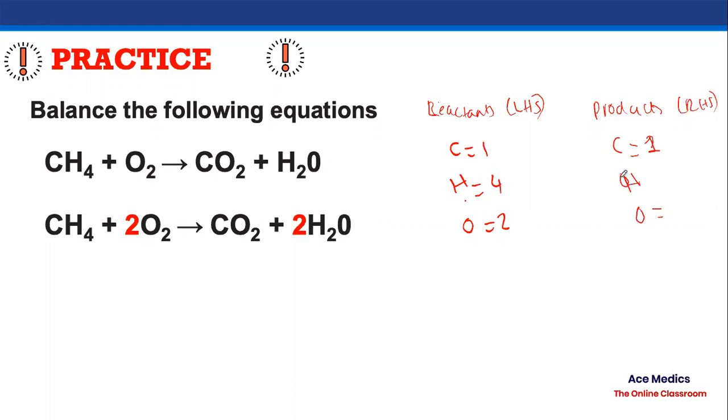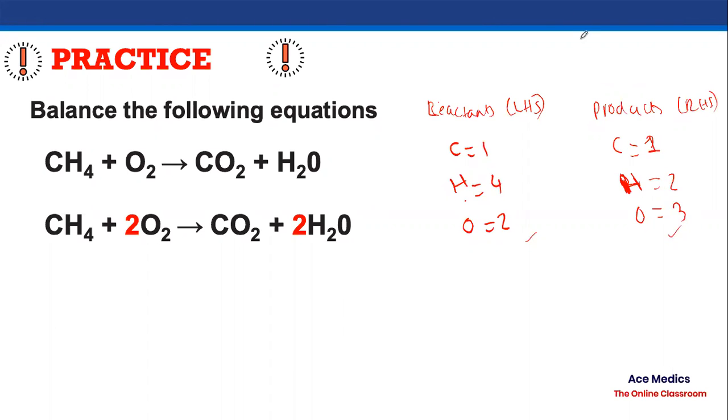Okay, so we have, that's going to be hydrogen. So we have 1 carbon, 2 hydrogens, and we have 3 oxygens. So from this, you can already tell that this is imbalanced, because we have 2 oxygens on the left-hand side and 3 oxygens on the right.